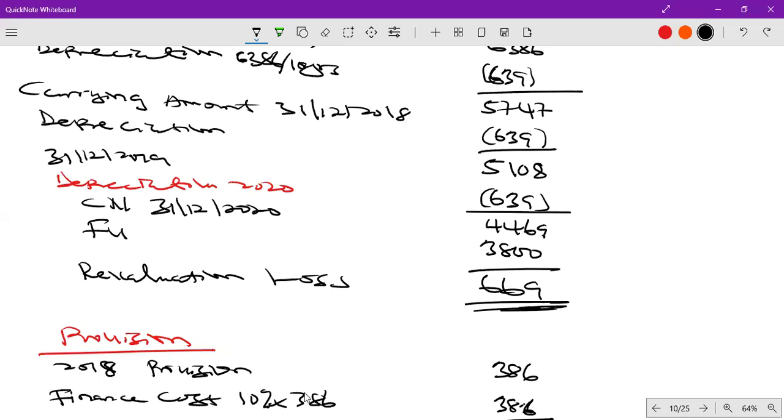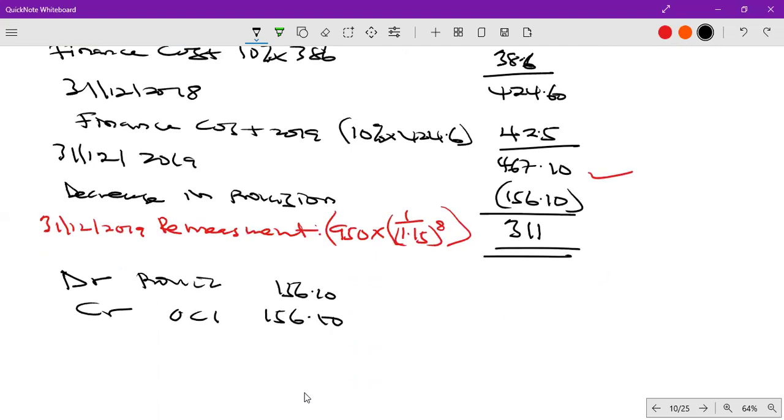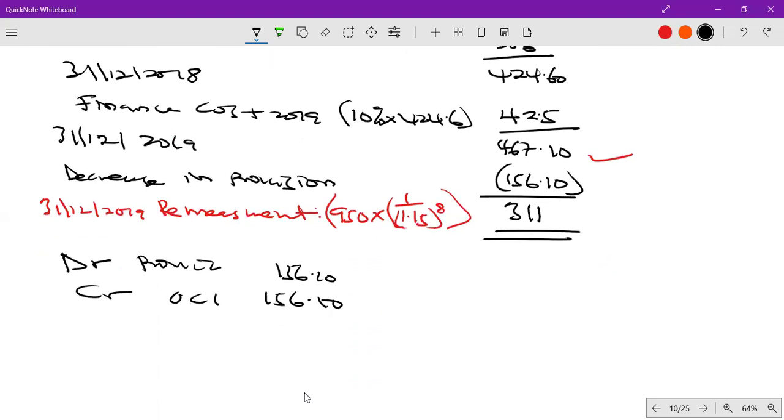Now let's come to the provision as well. In 2020, 1st January 2020, the provision has now been remeasured to 311.